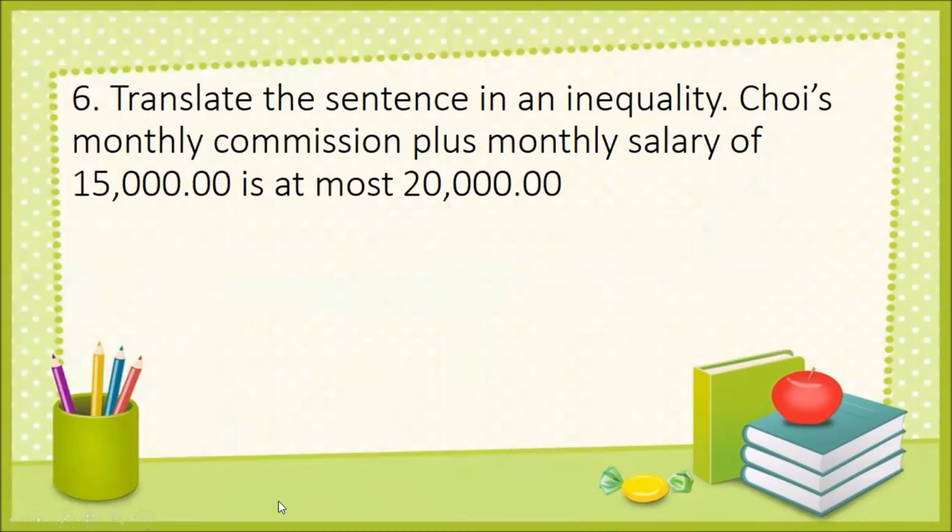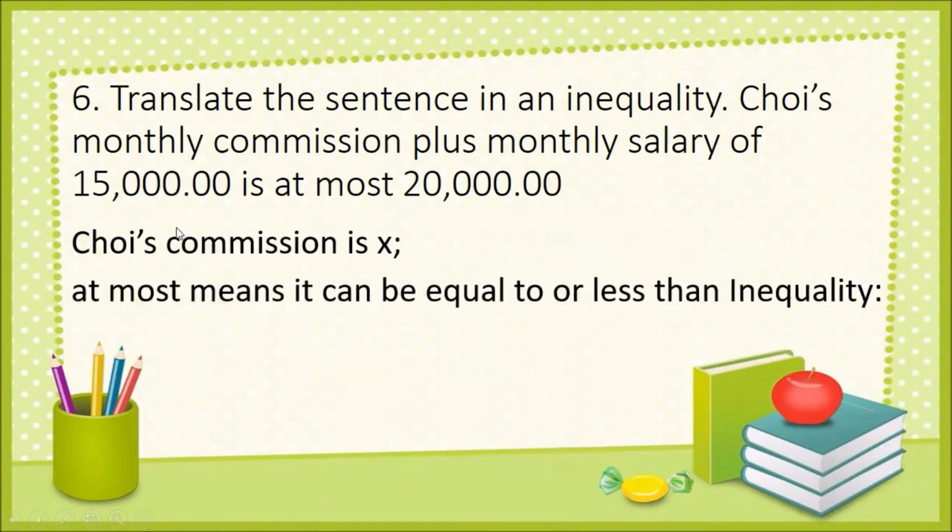Number 6, example in translating a sentence into an equation or inequality. Translate the sentence in an inequality. Choice's monthly commission plus monthly salary of 15,000 is at most 20,000. May word na at most, it means inequality siya. So Choice's commission is x. And at most means it can be equal to or less than.